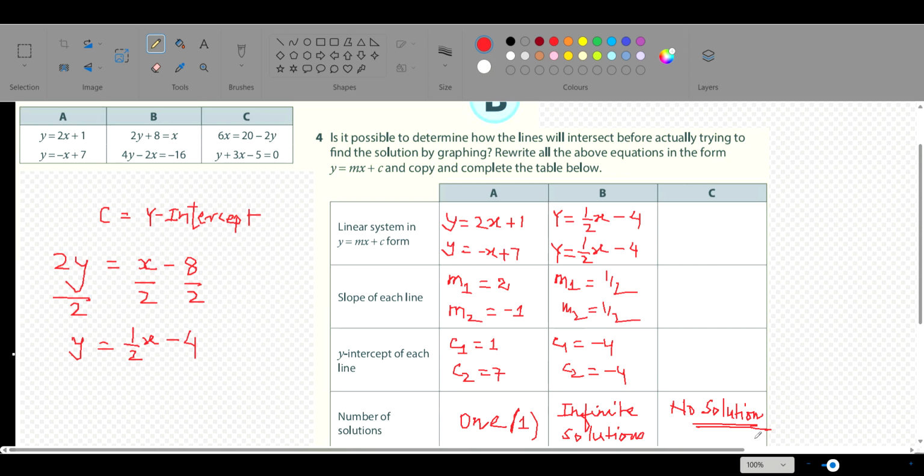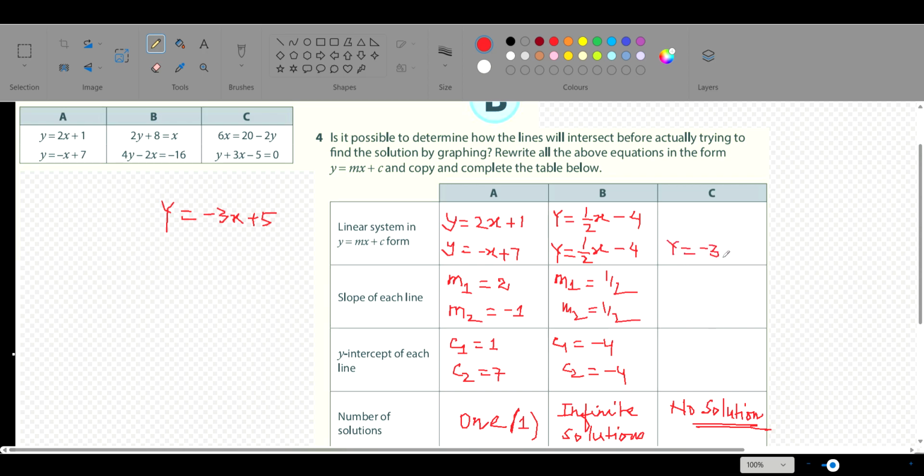Yes, what is the y is equal to mx plus c for the C part, the line 1 and line 2? No issue. So it is, yes, that is the line 2, y is equal to negative 3x plus 5.